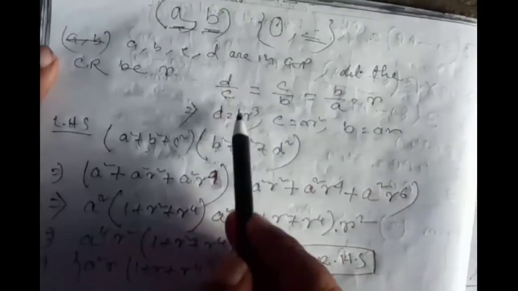The second question is given: if A, B, C, D are in geometric progression, then prove that these are also in geometric progression. So I am just solving the rest of the part. A, B, C, D are in geometric progression. Okay, so this we have already got.